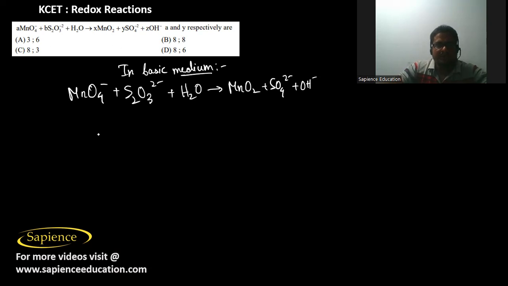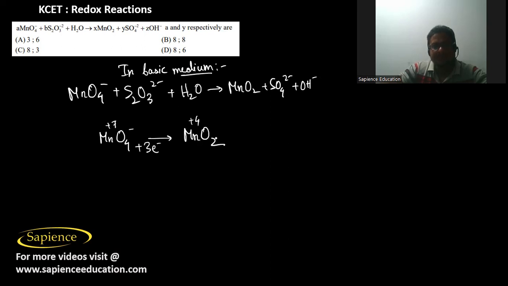So in basic medium, if we have to balance it, then as we know, MnO4 minus ion will change into MnO2. Here Mn is in plus 7 oxidation state, and here Mn is in plus 4 oxidation state. So here it has to gain three electrons to get reduced to MnO2.